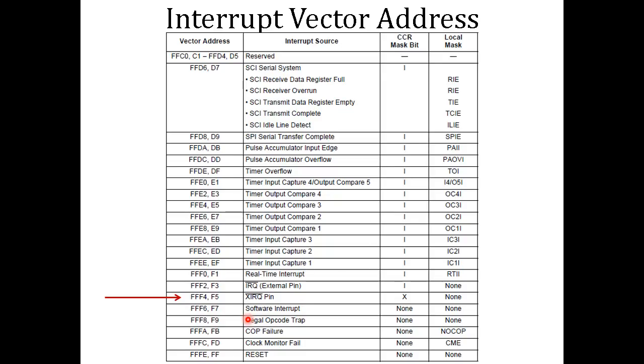If you look at this chart, you see that in one of the rows I marked an arrow. As you can see, the interrupt source is the XIRQ pin. For this pin, the reserved address is FFF4 and FFF5. So I actually got it from this chart.